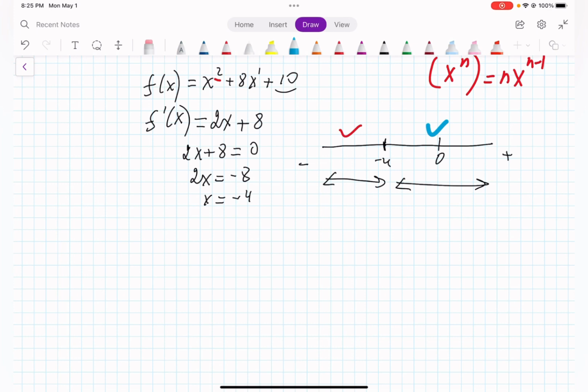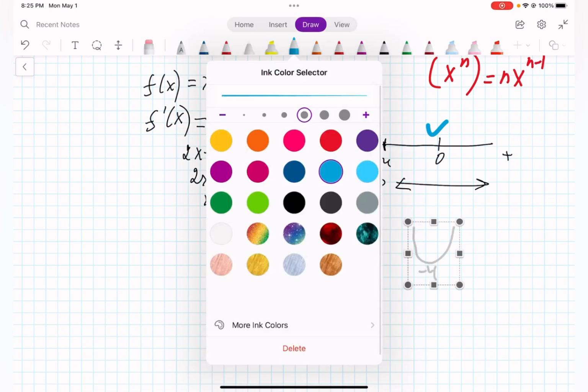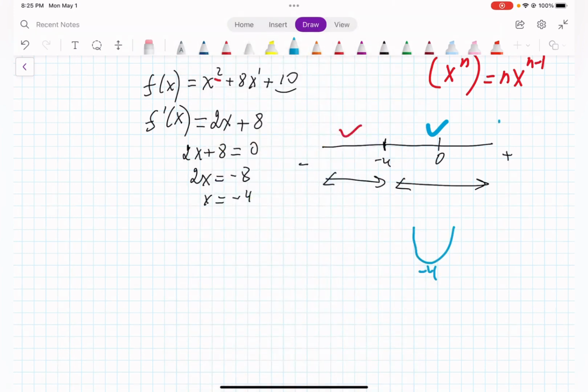Since I mentioned it, let me tell you. Let's say this is my -4, right? My x. If I would see the graph, I would say, yes, this is a minimum. But I don't see the graph. So I'm going to take any number from -4 and below, let's say -5, -6, and so on.